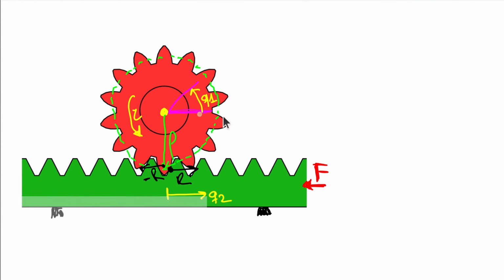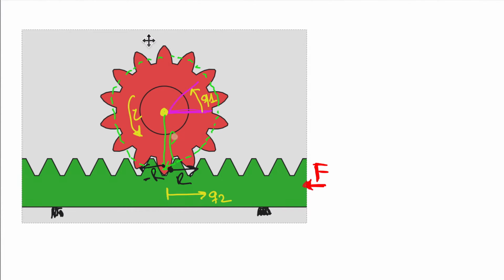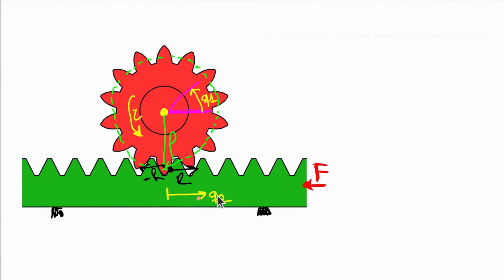These are the notation elements we are going to consider. The linear displacement of the green mass will be denoted as Q2. The angular displacement of the pinion will be denoted as Q1.